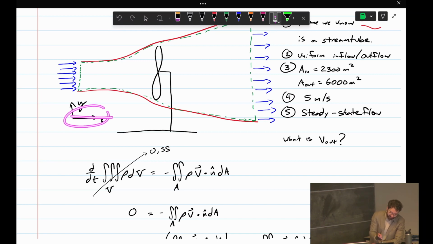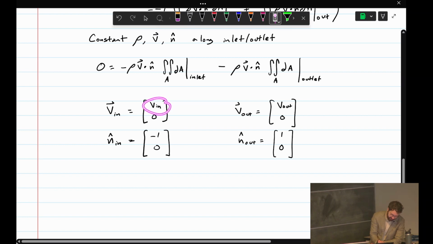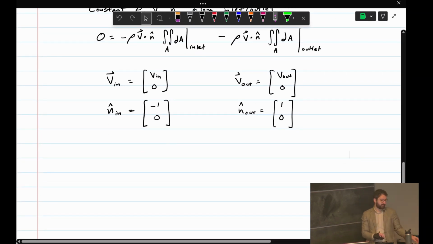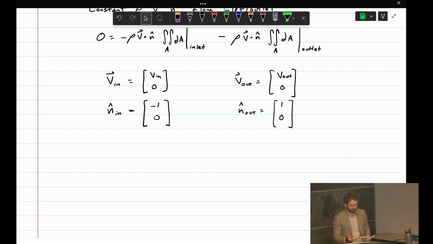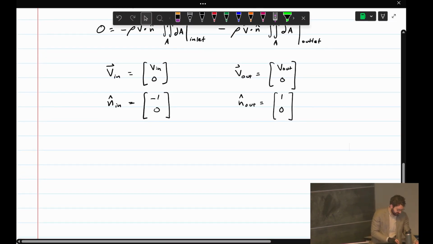Positive x is to the right, so all of our velocities are to the right, and our normal vector will change depending on whether we're in the inlet or the outlet. I'm normally not going to go into that level of detail about these vectors, but if you have questions on where certain negatives come from, that's the main source of error in this part of the course: wrapping your head around the negatives and the dot products. If you ever have questions about that, let me know.